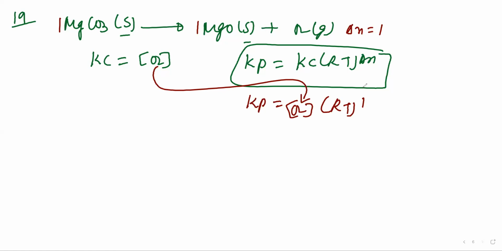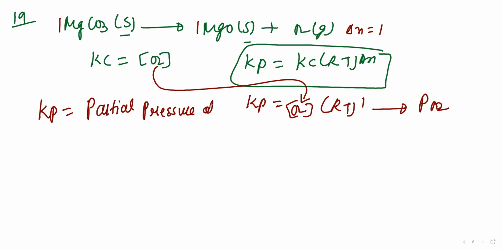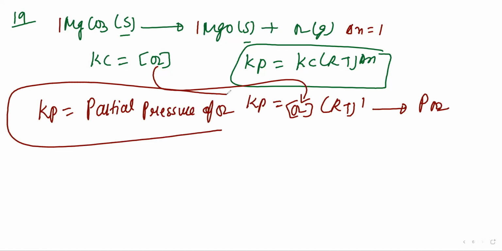And if you want to write it in the partial pressure form, then Kp will be equal to the partial pressure of O2. This will be the formula.